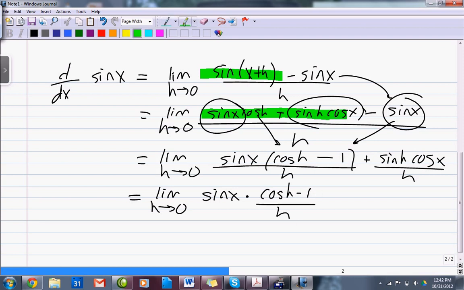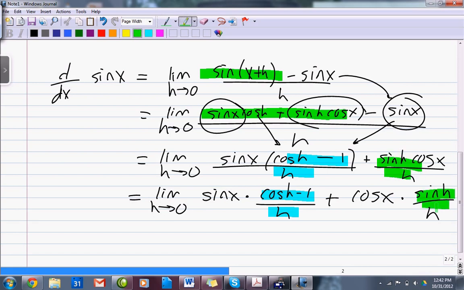All I did was take this piece here and put it here, because we're going to evaluate that limit in a hot second. On the right I'm doing something very similar. I'm going to pull out the sine h over h and bring the cosine in front, just changing the order around a little bit. So I took the sine h over h, brought it there, and multiplied it by cosine. I just rewrote it a little differently.